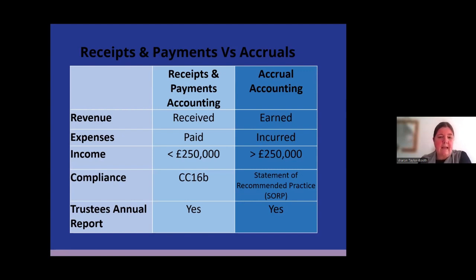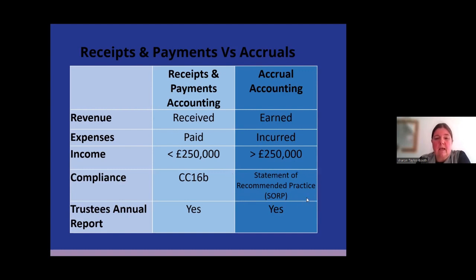Now, we do not want to prepare accruals accounts unless we absolutely must. The reason for that is because if we are preparing accruals accounts, we must comply with the latest SORP, Statement of Recommended Practice.